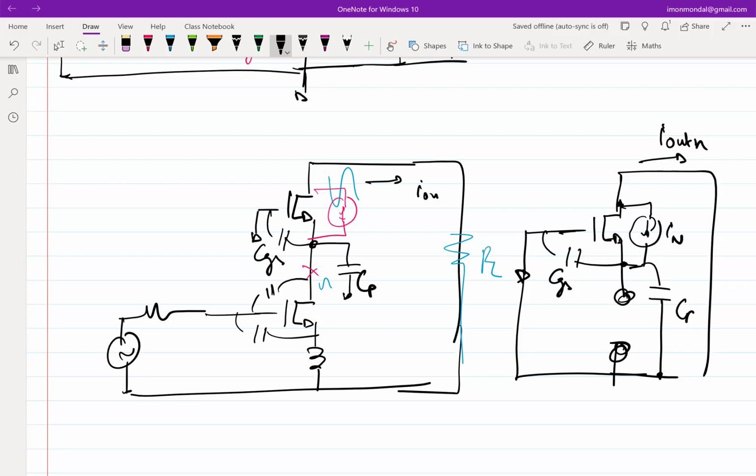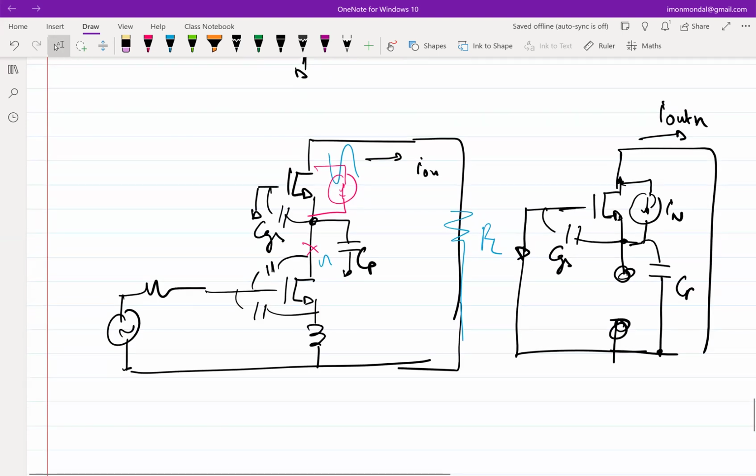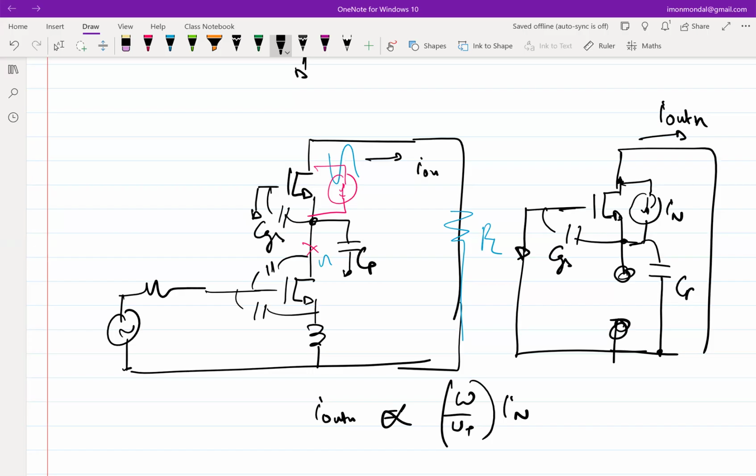So at least we know that at very low frequencies, this is going to be fine. But at high frequencies, obviously CP and CN are going to get activated and you are going to get a noise. And if you do the calculations, you are going to see that your effective I out N will be proportional to omega by omega t times I, right?